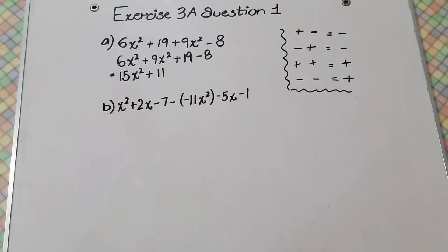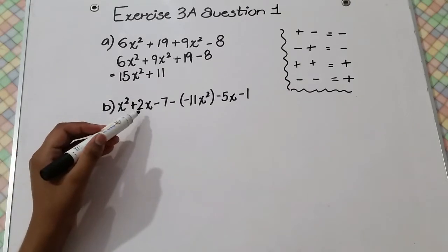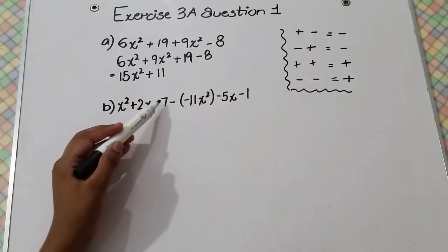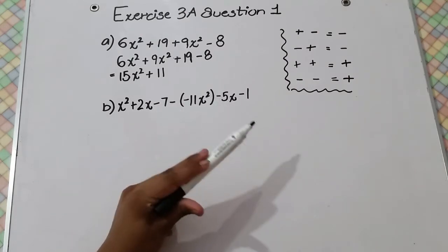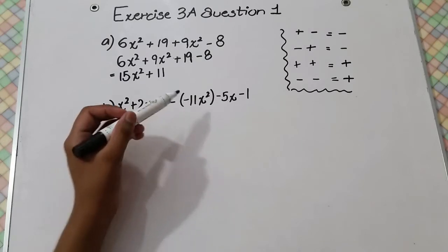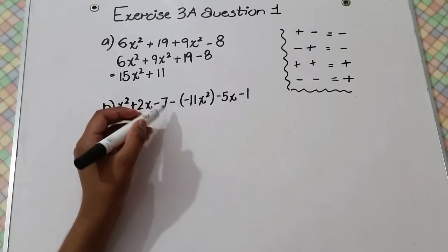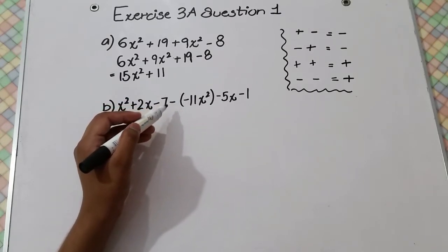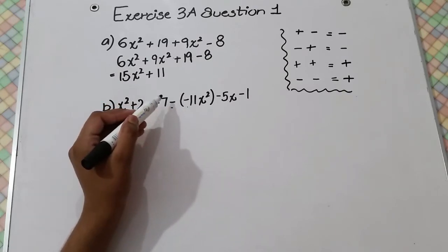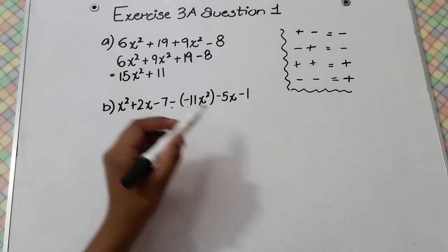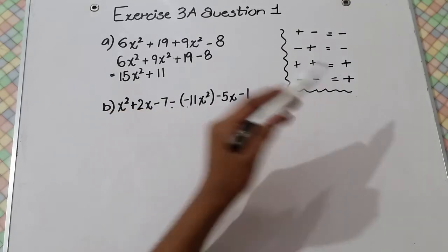So that is x square plus 2x, and then minus 7 minus bracket minus 11x square minus 5x minus 1. So first we are going to solve the bracket. We are having the signs, that is minus minus. So when we multiply minus with minus, the answer is plus.